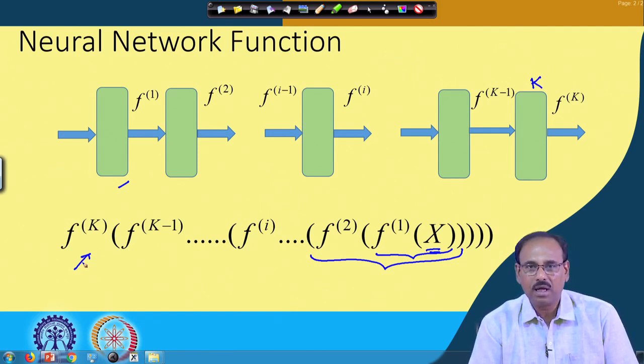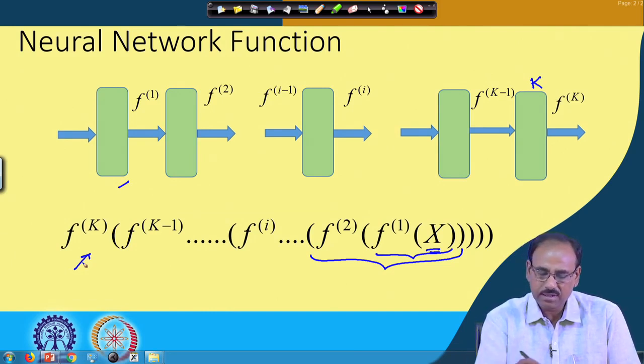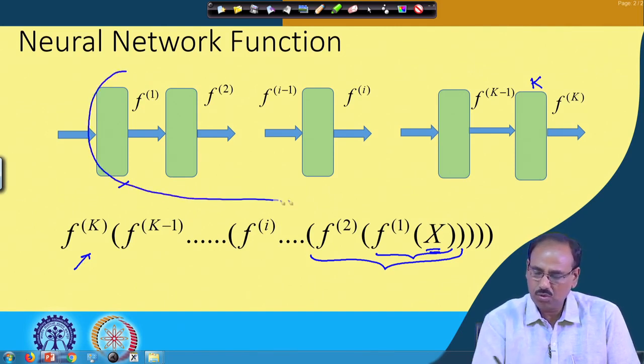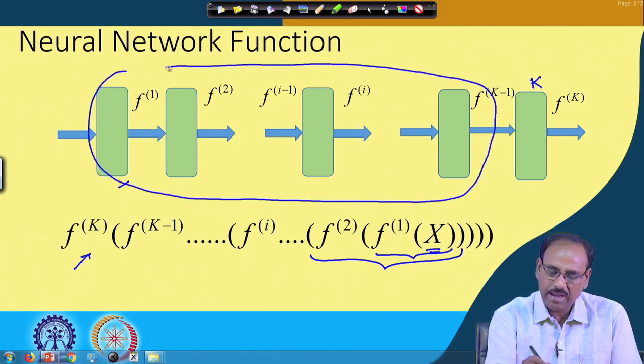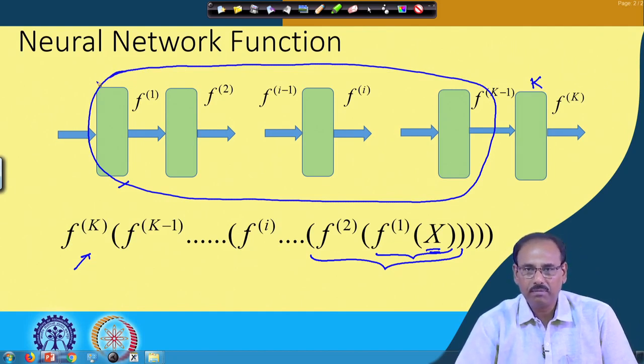So, when it is a nonlinear problem, we can say that all the layers from f1 to fk minus 1 will implement a nonlinear mapping, because as we said earlier, if I have a nonlinear problem, then instead of trying to design a nonlinear classifier, you try to map the input vectors using a nonlinear mapping function, so that they are mapped into an intermediate feature space, and in the intermediate feature space, these nonlinearly mapped input vectors will be linearly separable.